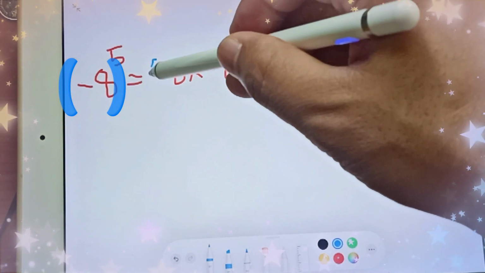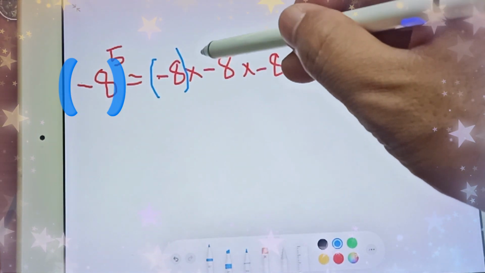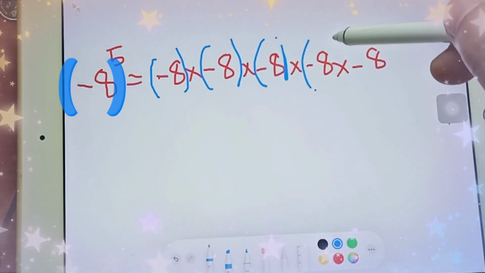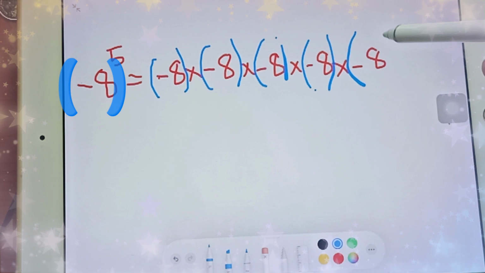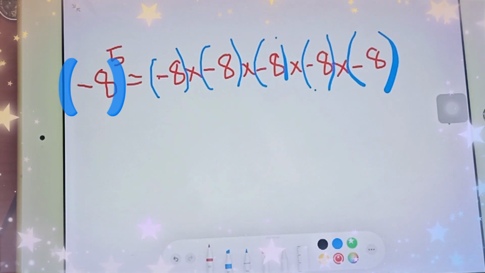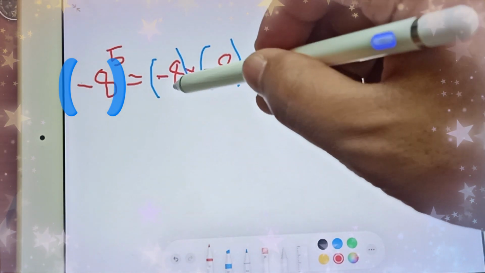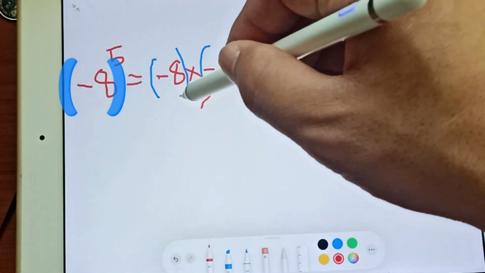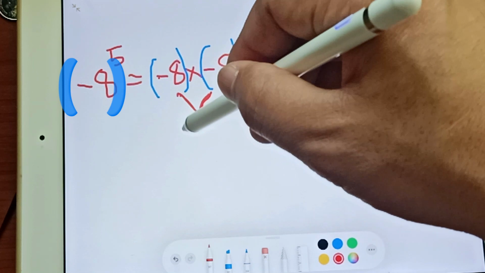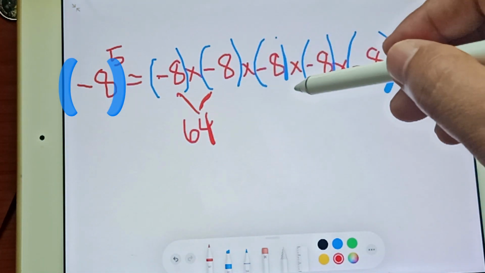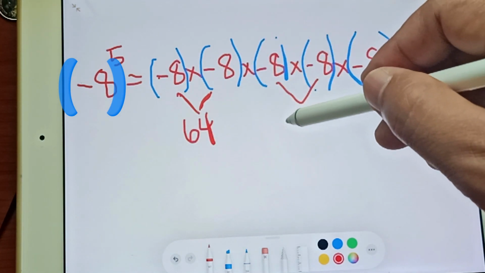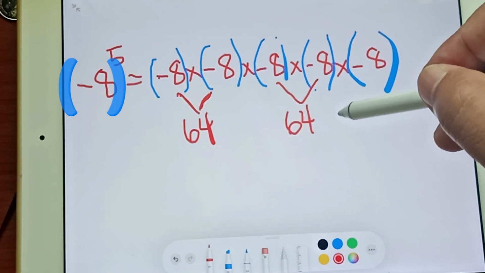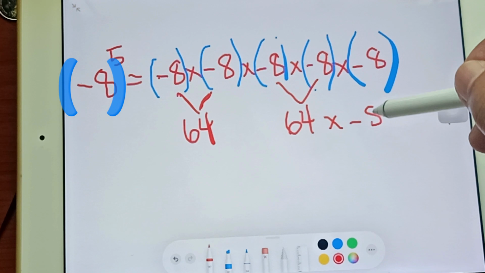To make it clear, we can put brackets there. First, what is negative 8 times negative 8? Negative 8 times negative 8 is positive 64. Again, negative 8 times negative 8 is positive 64. And then you have times negative 8 here.